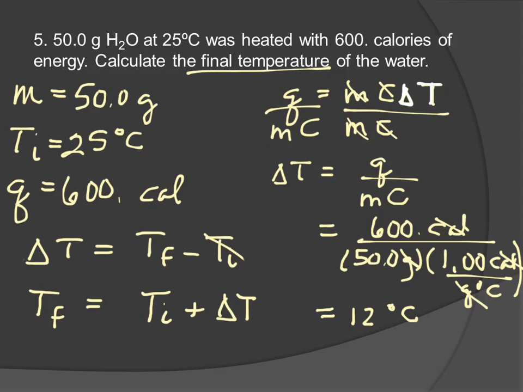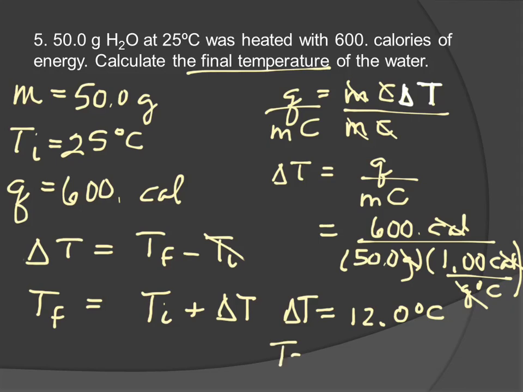How many significant figures should that answer have? 3. 600, 50, and 1 all have 3. The calculator only gave us the 1 and the 2. We add a 0, 12.0, because your calculator doesn't understand significant figures. So that is delta T.